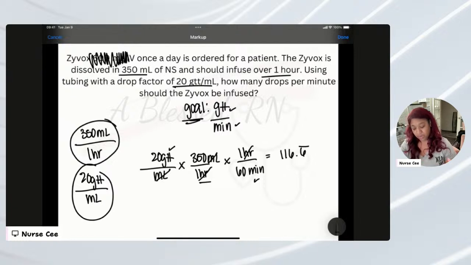All right, so we're gonna have to round this to the whole number because usually with your drops per minute, they want you to round to a whole number because you can't divide a drop. You don't walk into the kitchen and see 2/3 of a drop. You just see a drop or not, right? So if we rounded this to the whole number, what would our answer be?